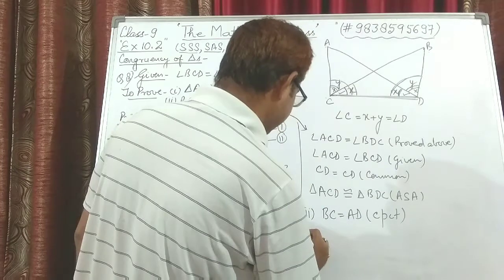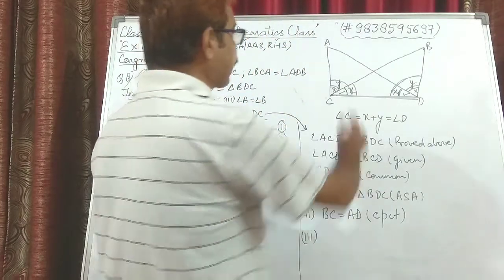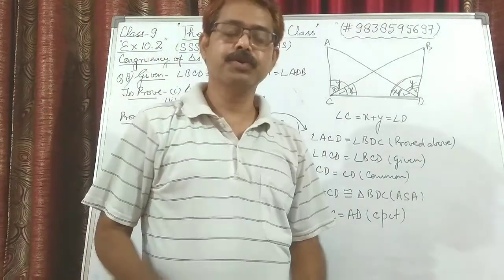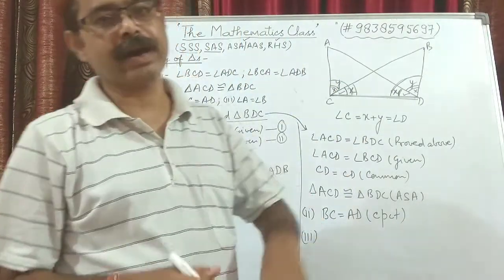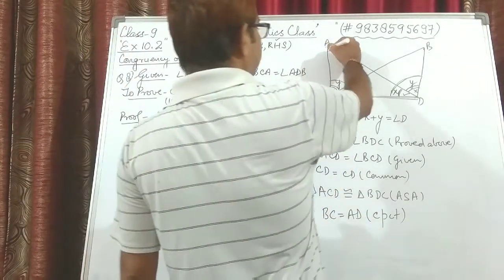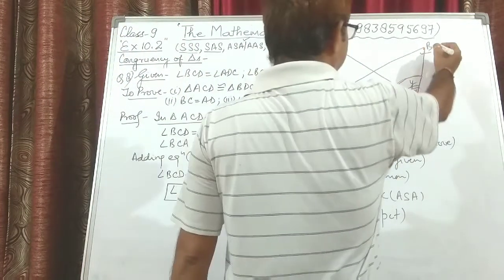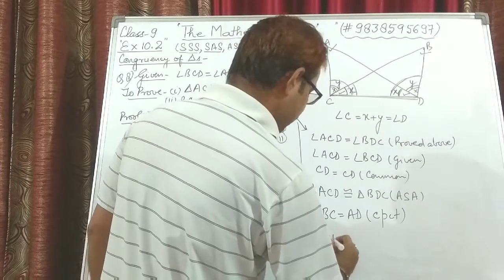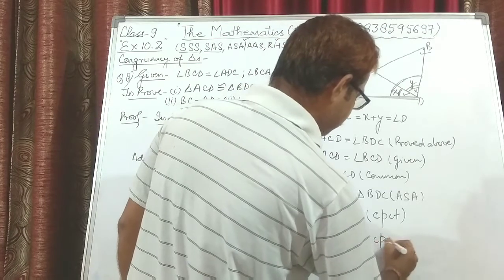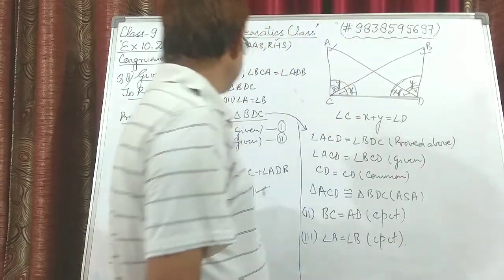Third point, they say prove that angle A is equal to angle B. When two triangles are congruent, all the elements of one triangle are equal to the corresponding elements of the other triangle. So angle A for ACD and angle B for BDC are equal. So simply angle A is equal to angle B. Again the same reason, CPCT, and that is proved.